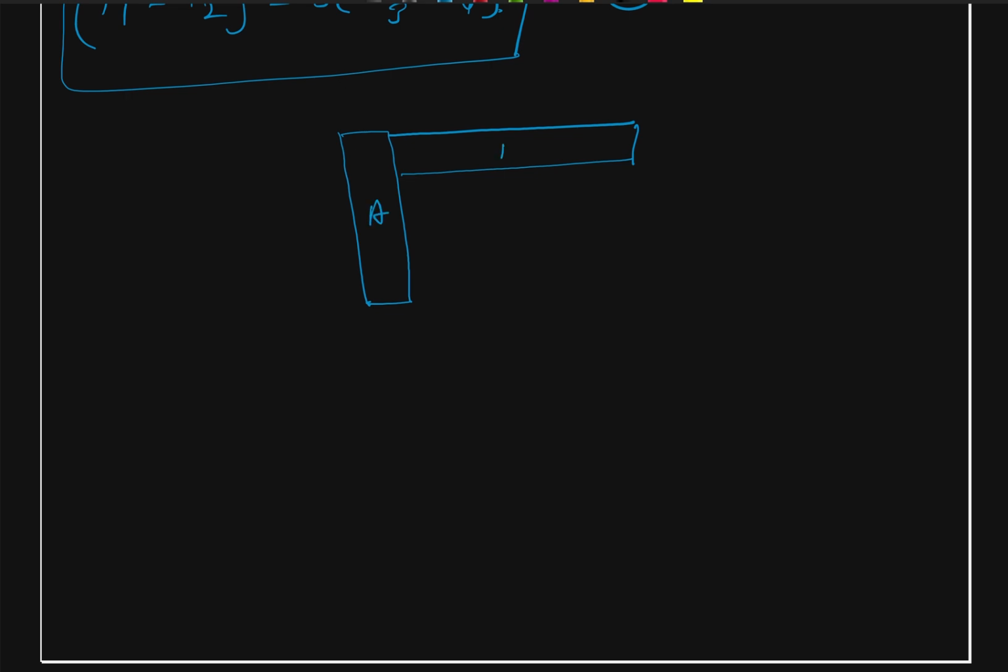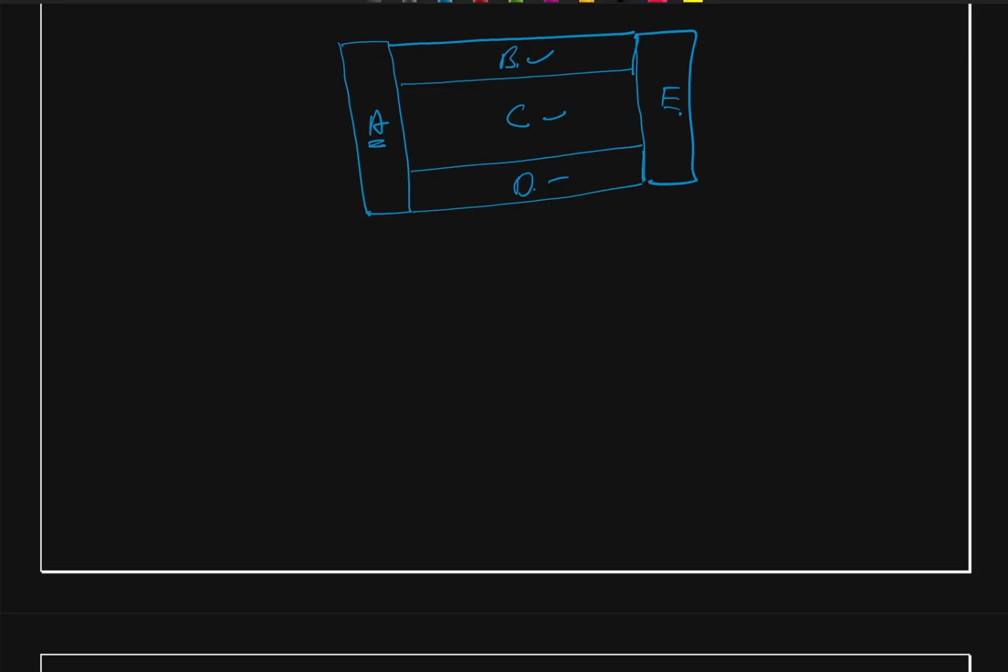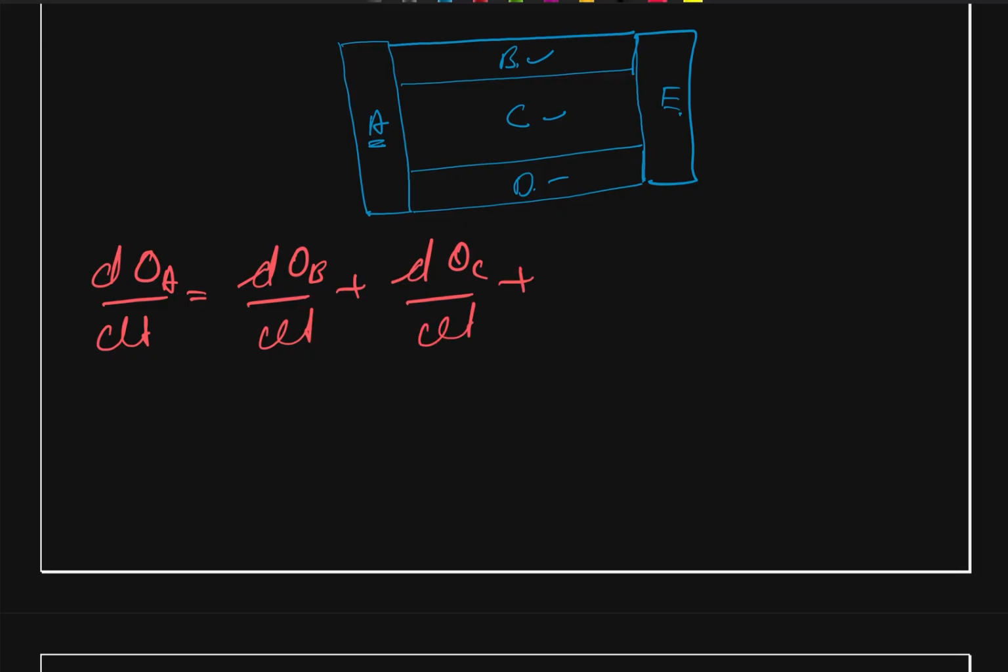This is A divided into B, this is C, and this is D. Okay, and finally here we are having our E. So heat into the system A will be divided into B, C, and D. Therefore, we can write that rate of change of heat of A will be equal to that for B plus for C plus for D.